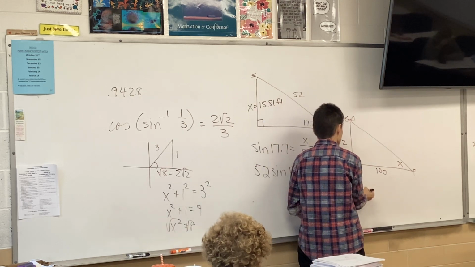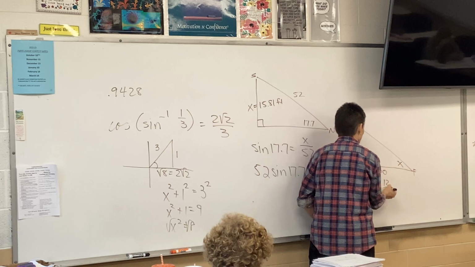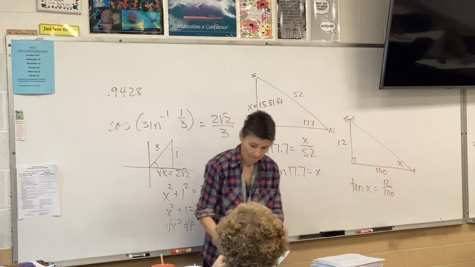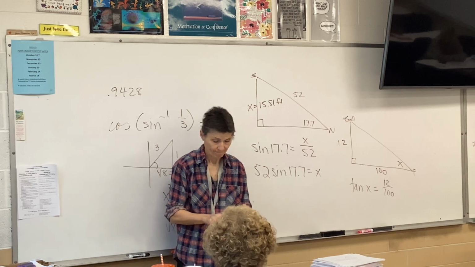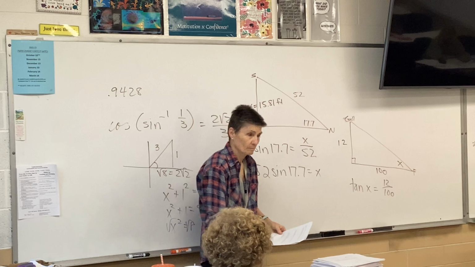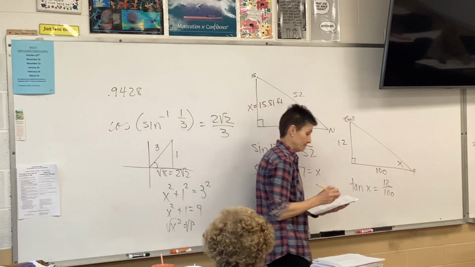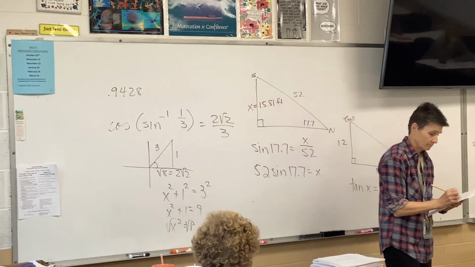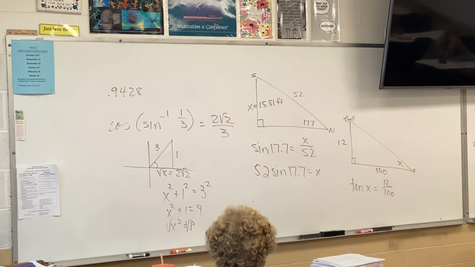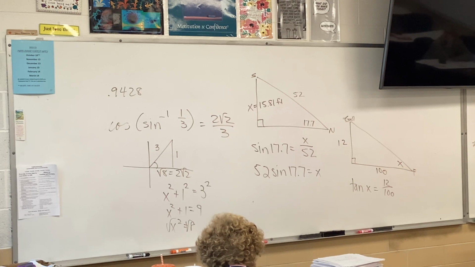Tangent x equals 12 over 100. All right, how do you type that in on your calculator? Second tangent.